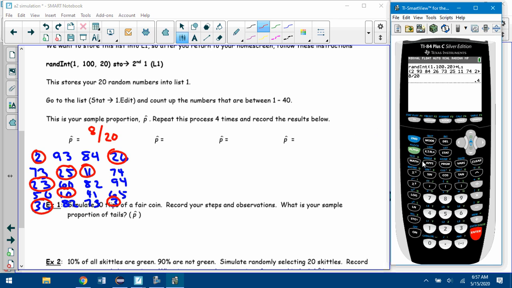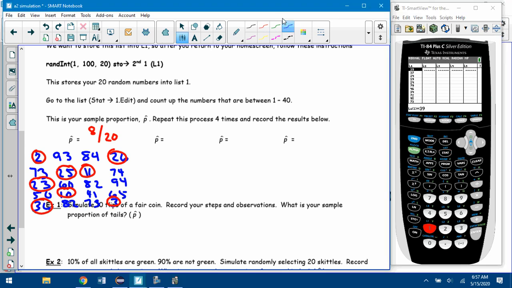Let's do another p-hat value. So I'm going to do math, probability, pick random numbers between 1 and 100 again. And I'm going to store this in L1. And now when I go to stat edit, I have a whole different list of numbers. All right, so let's list them out again.